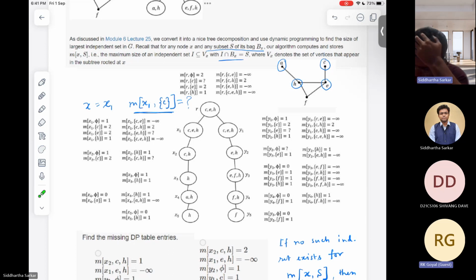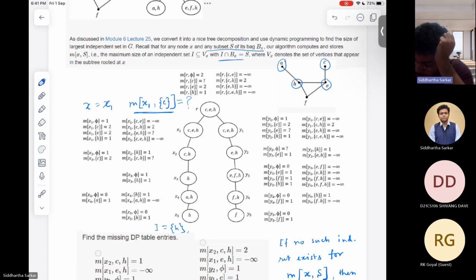Here I is equal to H and B of x is equal to H, and S is equal to phi. If I take the intersection of I and S, I get phi in return. Yes, correct, you are right.